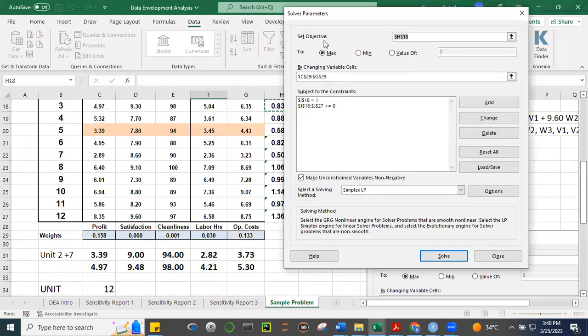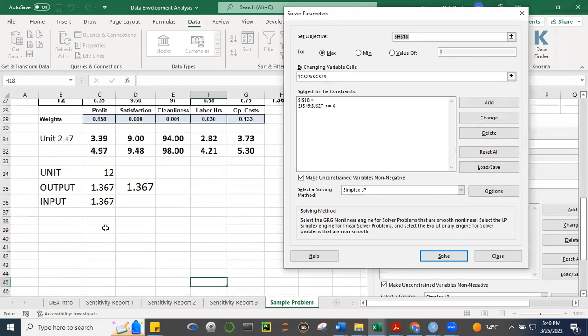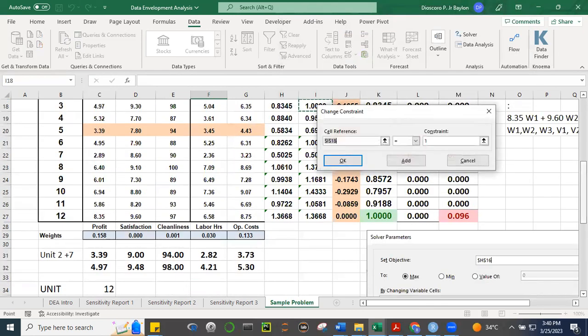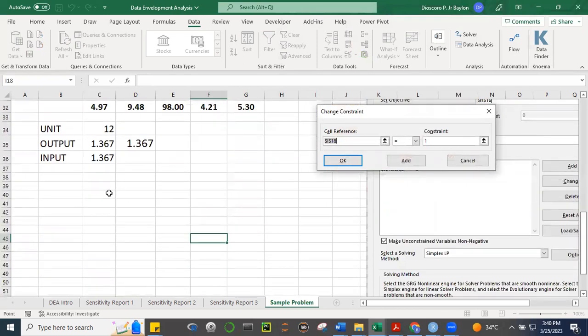So let's change now our parameters. Our objective will be just here. Same maximization, same changing cells. And then this one, let's change this. We will just refer it to our input here. There. Okay, it's equal to 1.